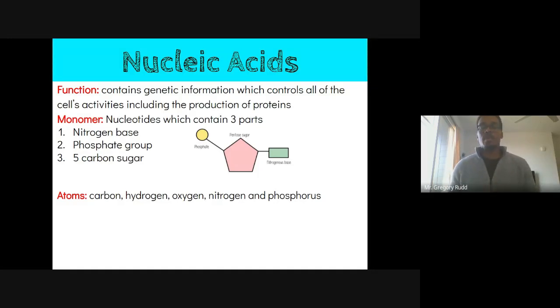The nucleic acids would be in charge of all of that. Only 500 people can be in the mall at a time, X, Y, and Z. So they control what happens inside of the cell, and they carry the cell's genetic information. The genes, they carry the instructions, the instruction manual of the cell.